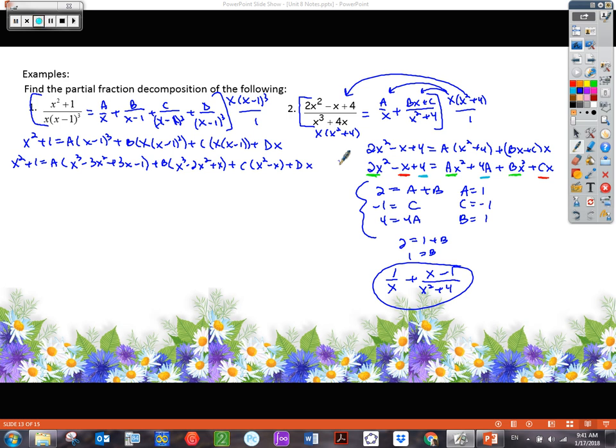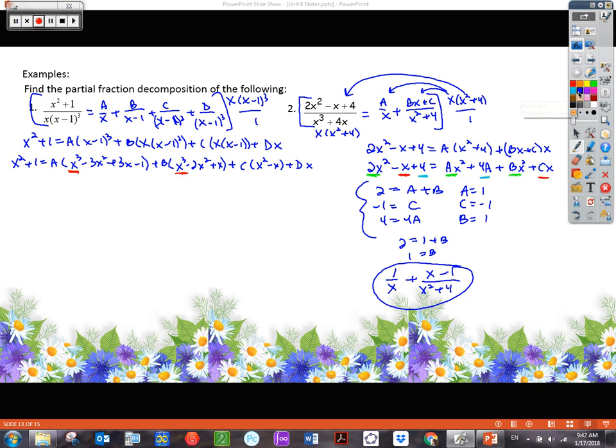Okay. So I've got all the multiplication done. Some students might like to multiply the a times everything, the b times everything, the c times everything. That might be a good idea, like I did over here. I'm going to show you a different way, in case you see it differently. Instead, I'm going to collect the coefficients of the x cubeds. I've got an x cubed here and an x cubed there.